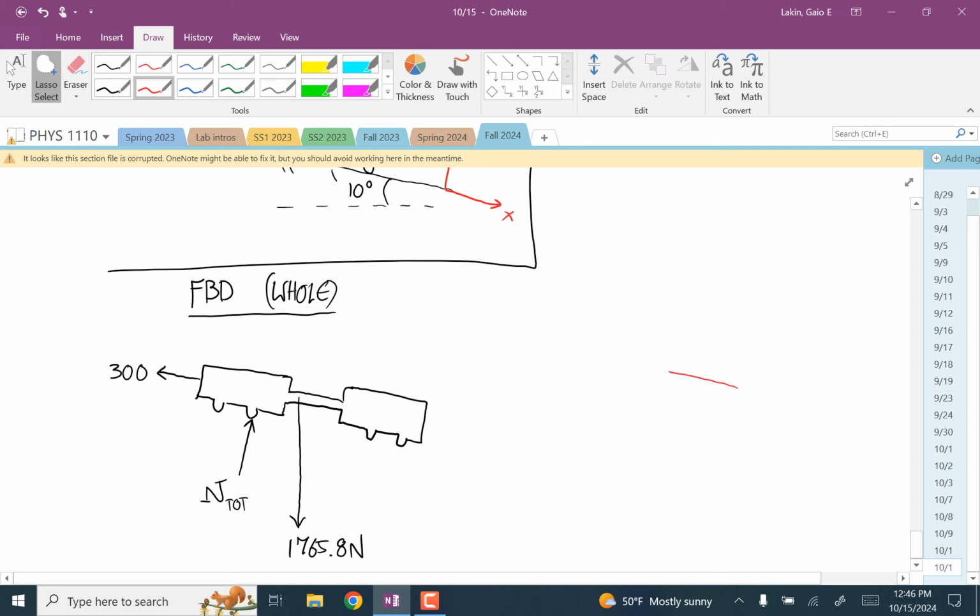To figure out the components of the weight force, we have this weight force vector of 1765.8. And this angle is 10 degrees.